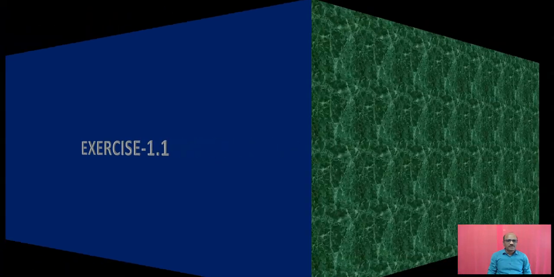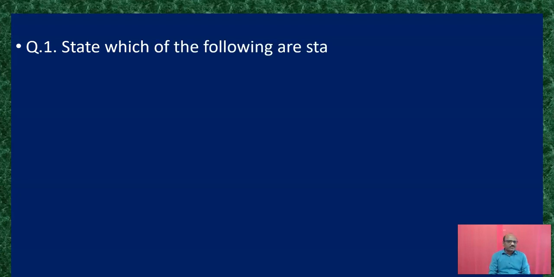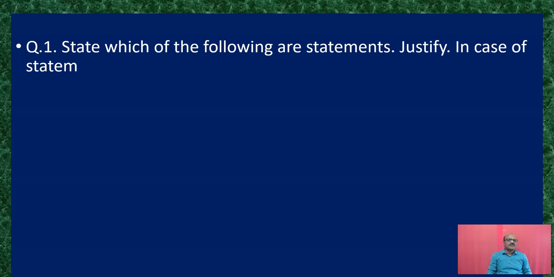Now we'll start the exercise 1.1. The first example. State which of the following are statements, justify, and in case of a statement, state its truth value.